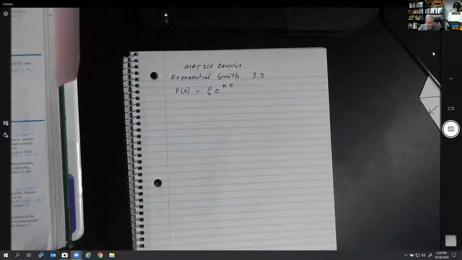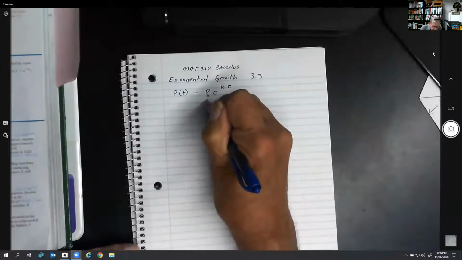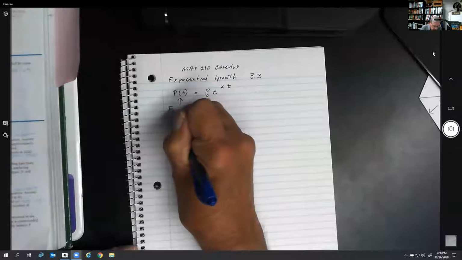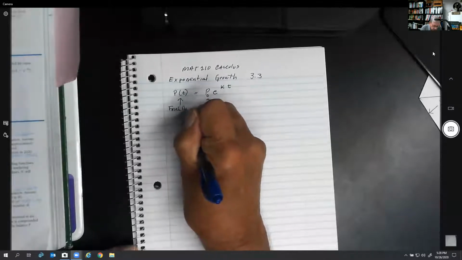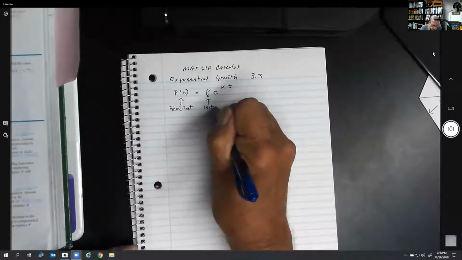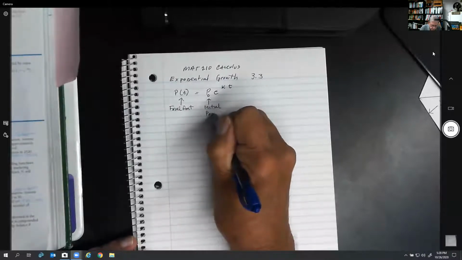So let's write down some of these things. This is the final amount that you're going to have. This is the initial amount, the initial population, we call it, and this is the final population. It could be money, it could be anything.